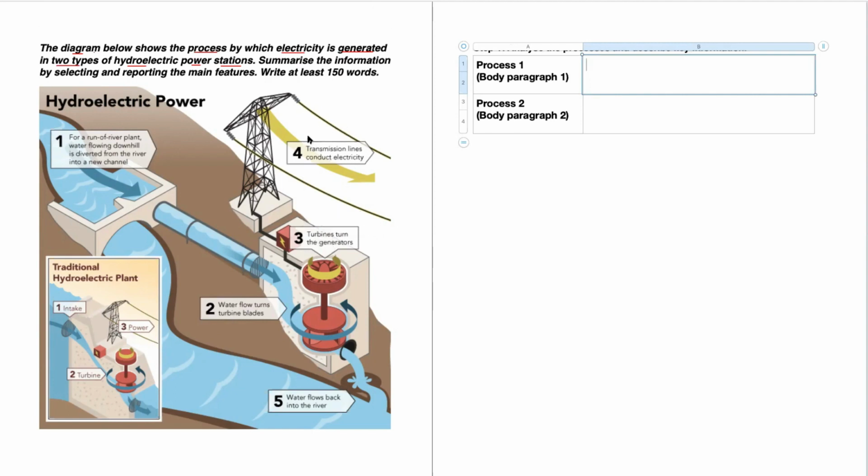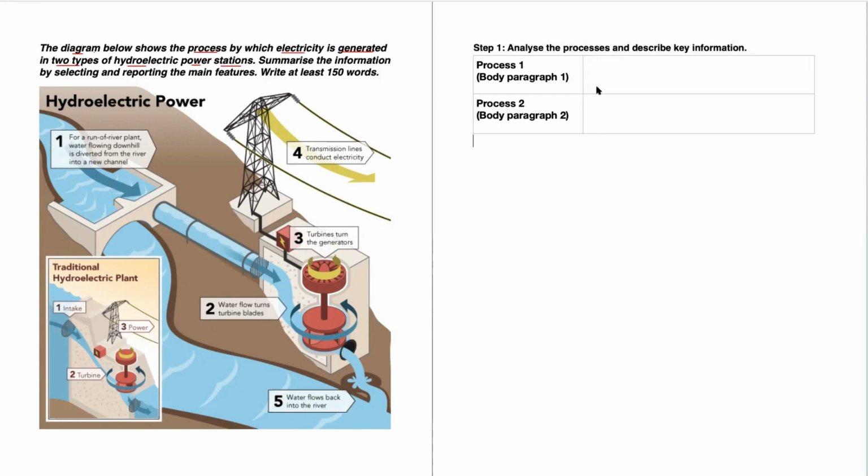Number 4, transmission lines conduct electricity. And then number 5, water flows back into the river. So you'll notice that with the traditional hydroelectric plant, we do not have steps 4 and 5. So in general, there's a lot more detail given for the hydroelectric power. And the main thing we want to look at is these 3 stages in a traditional plant versus 5 stages of a hydroelectric power plant.